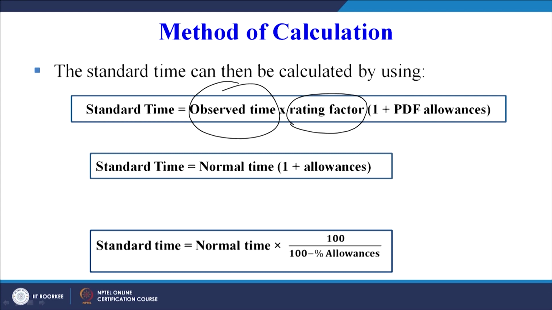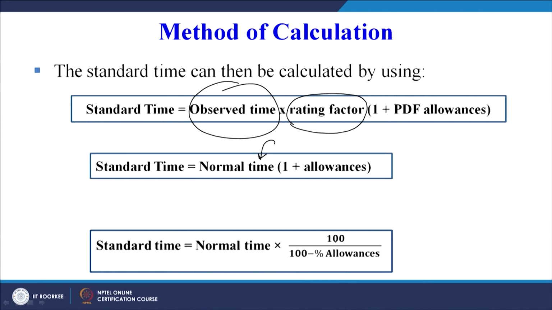Standard time can also be calculated as the normal time multiplied by 1 plus the allowances. Here it may so happen that the allowances are given as a percentage of the normal time, for example 10% of the normal time has to be given for the calculation of standard time. In that case our mathematical relation becomes much simpler.